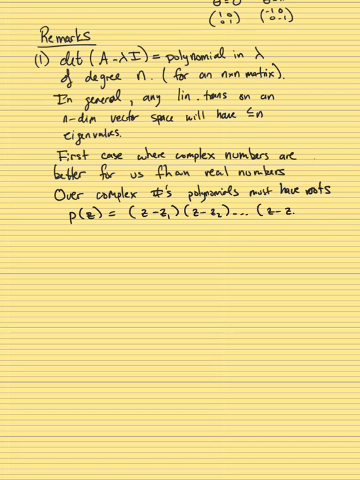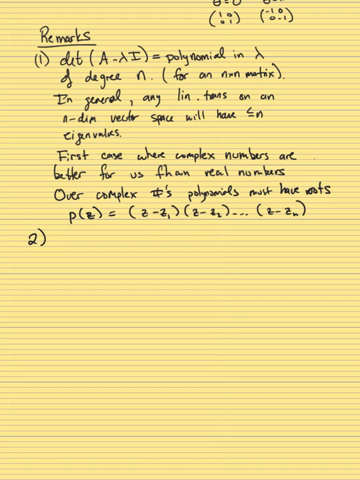Some of these, again, might be the same, but this means that if you're looking at spectral theory for matrices, real matrices are hard to work with because they don't have as many eigenvalues as they should. Complex numbers always do. Okay, so that's something that we're going to use.